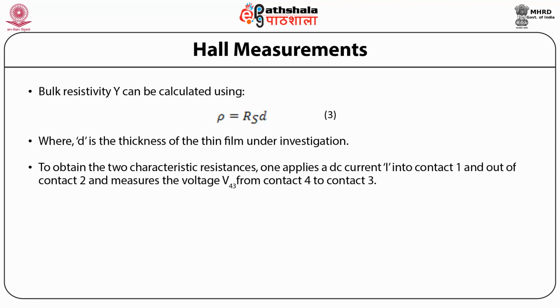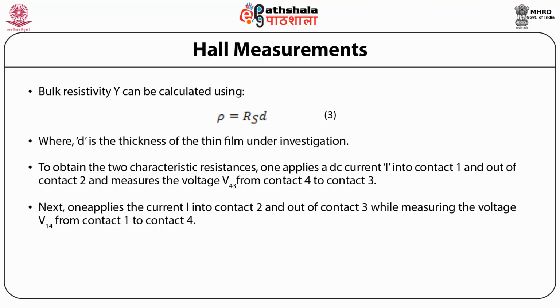To obtain the two characteristic resistances, one applies a DC current I into contact 1 and out of contact 2 and measures the voltage V43 from contact 4 to contact 3.